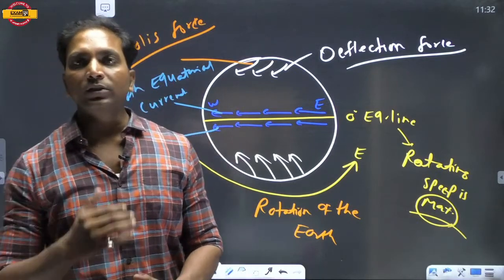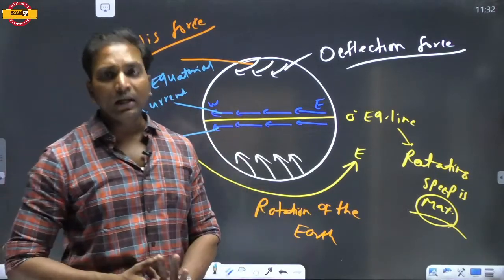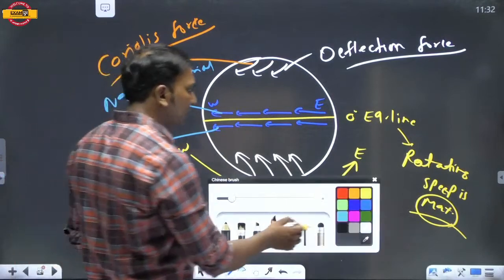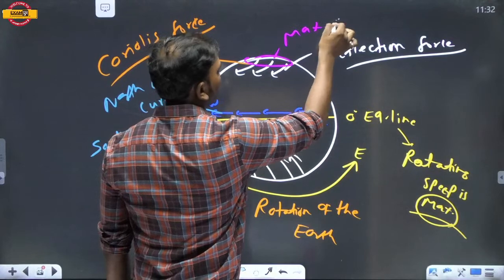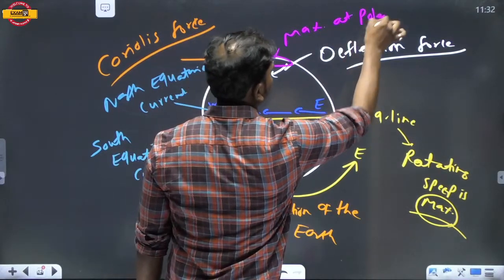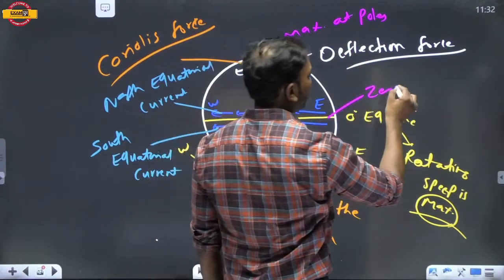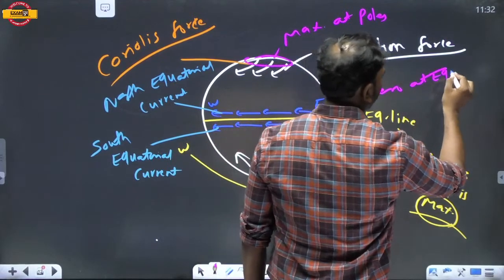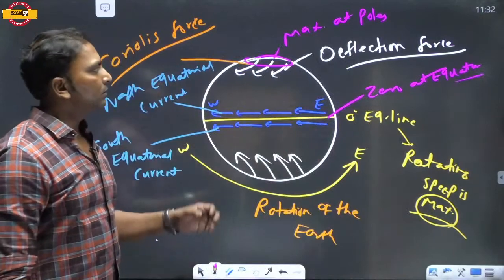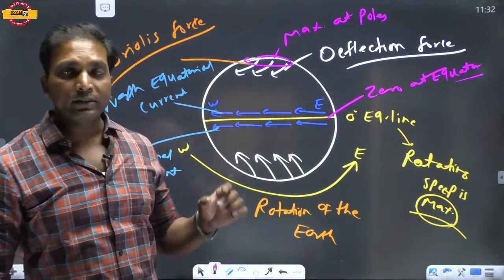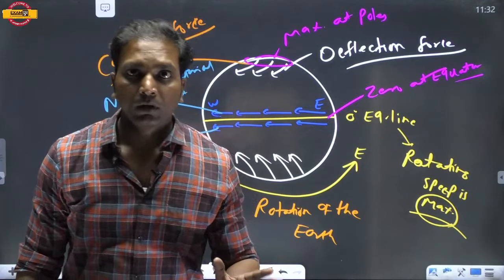So Coriolis force is originated by the rotation of the earth, and it is maximum at which place? So maximum at poles, and it is 0 at equator. And I think the direction of winds depends on the Coriolis force also.